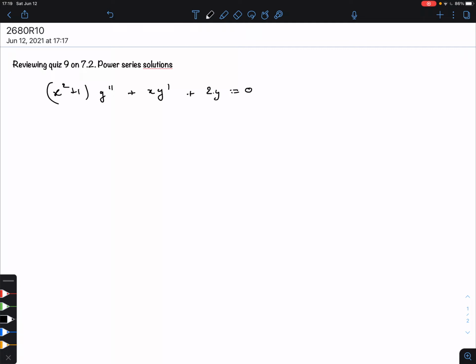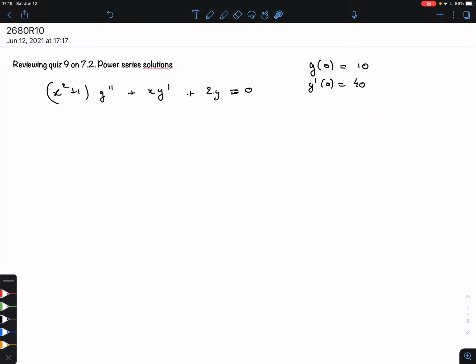Okay, and let's look at the initial conditions that y of 0 is 10 and y prime of 0 is 40. Now either one has to, I'll say it explicitly, or you have to deduce it from the initial conditions that what type of power series we want.